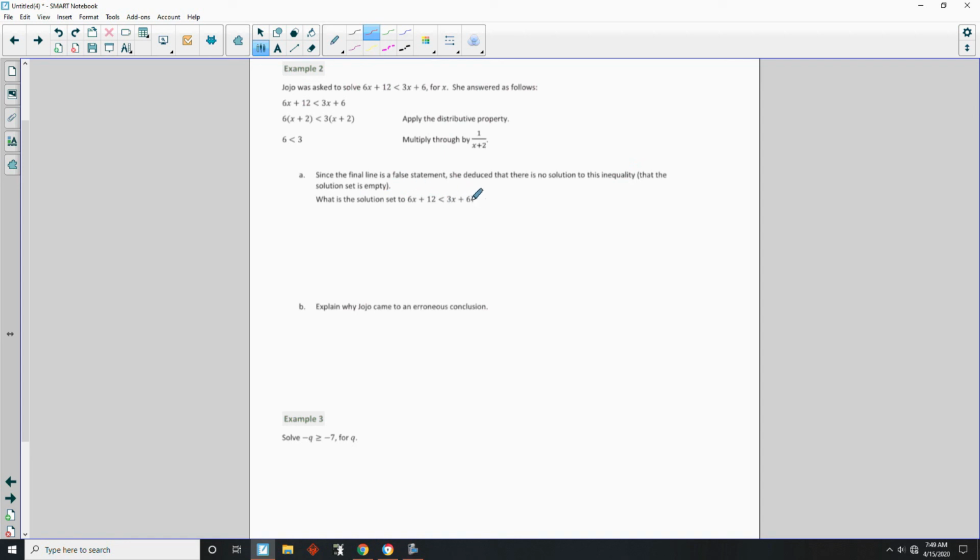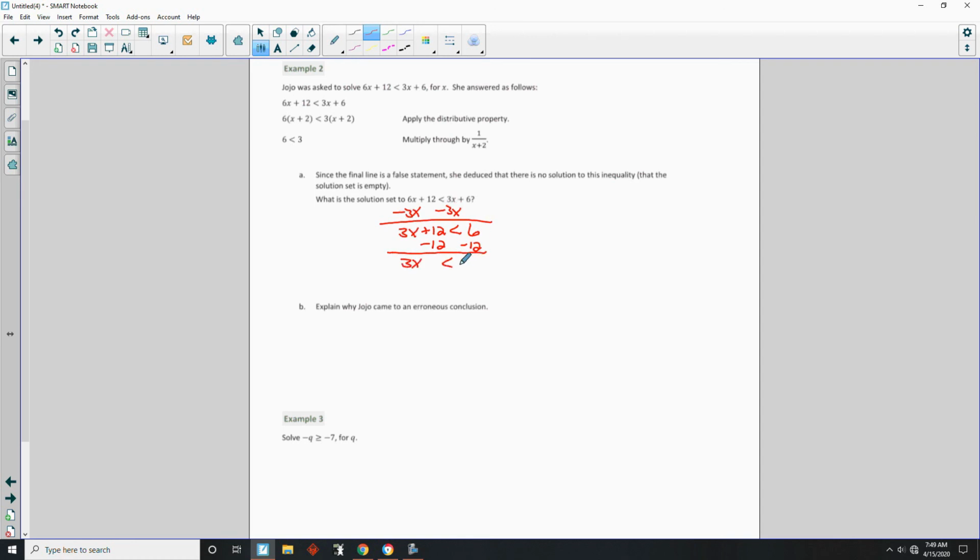Well, if I solve this, then I would subtract 3x if I didn't factor like she did. If I subtract 3x from both sides, I'm going to get 6x minus 3x is 3x plus 12 is less than 6. Subtract 12 from both sides, and I'm going to get 3x. These cancel.